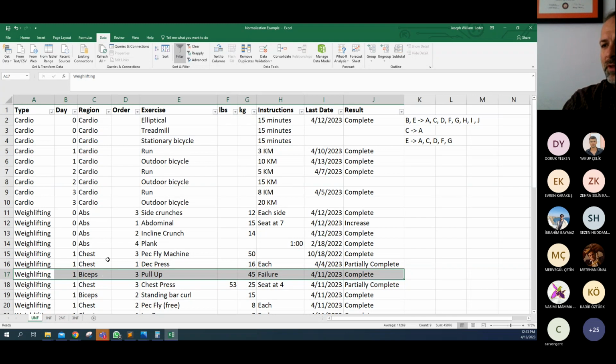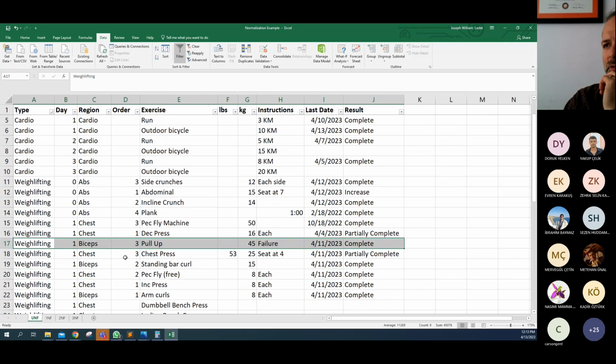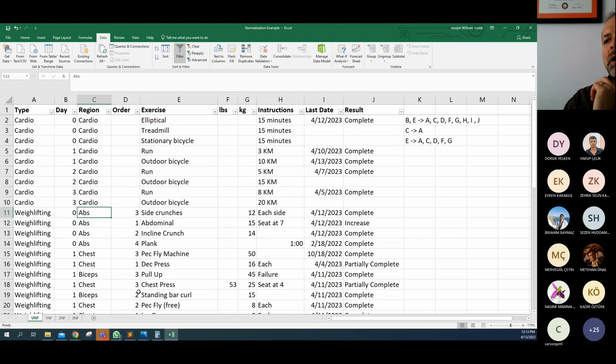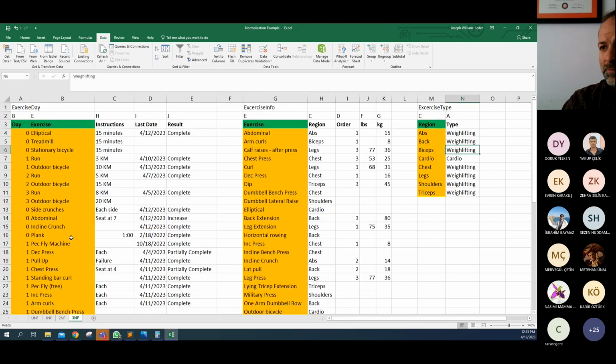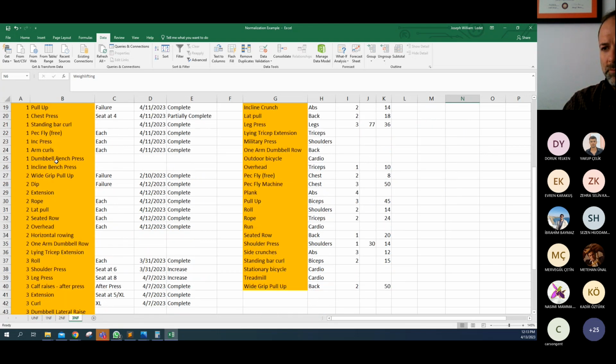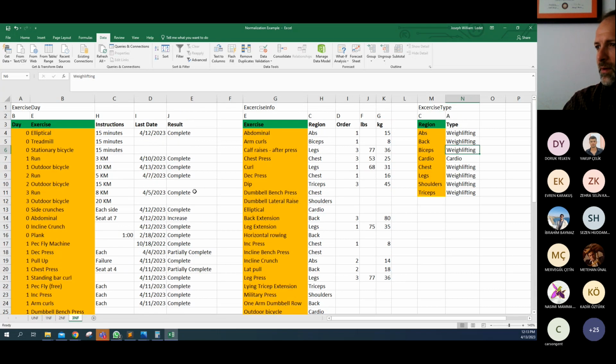Because say, for example, I wanted to change my abs. Instead of doing abs on day 0, I want to do them on day 1 from now on. Well, in the third normal form, I guess that's actually, where am I? Where abs?